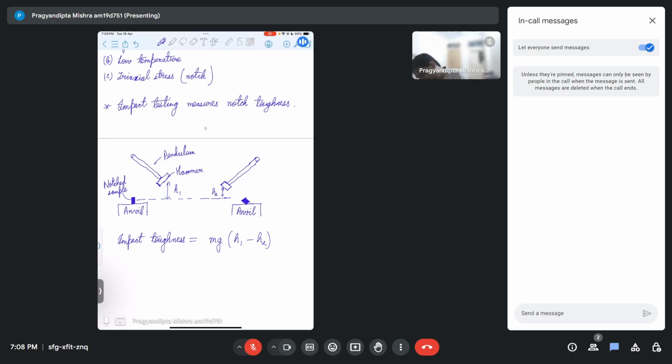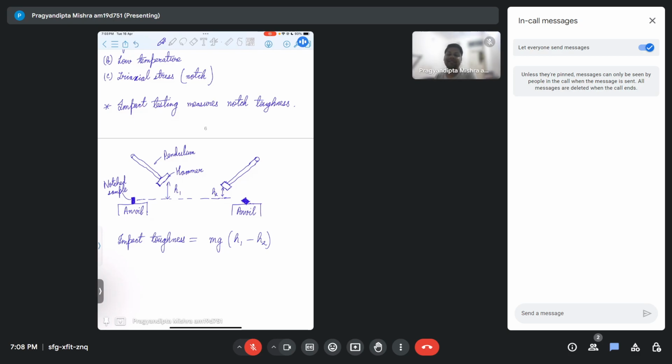If you draw impact energy versus temperature, we will get some curve like this.